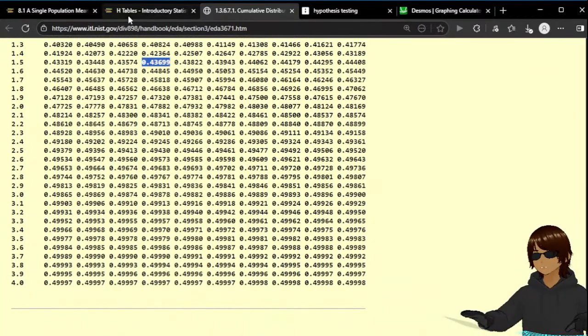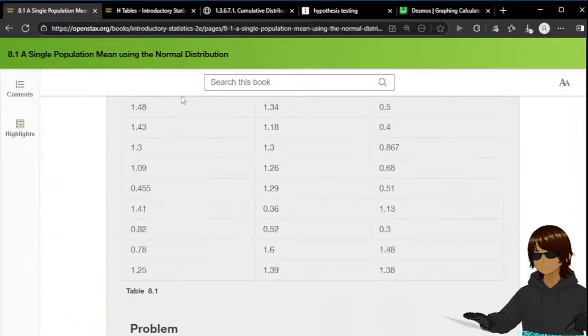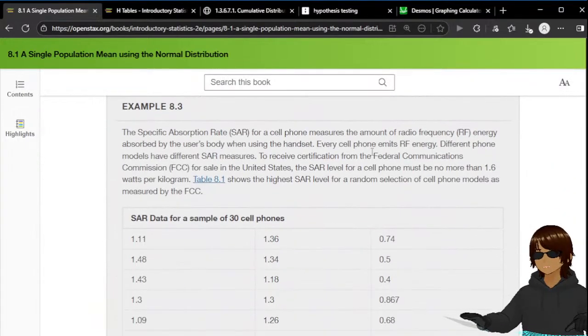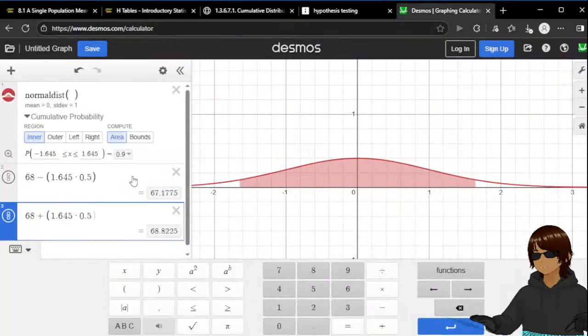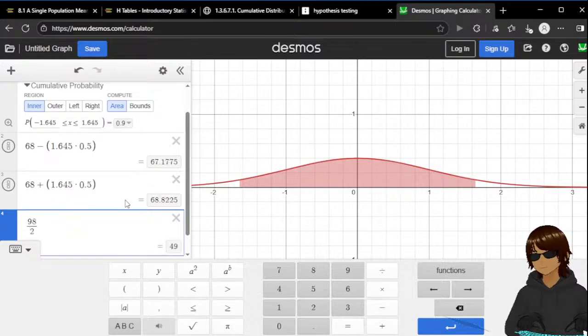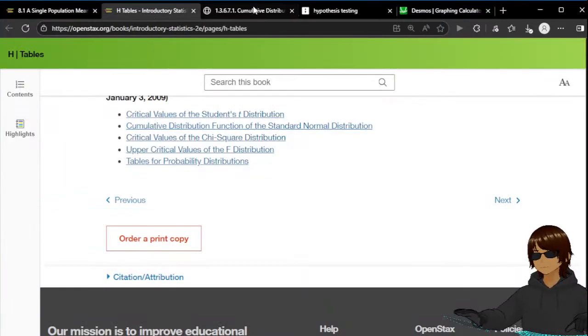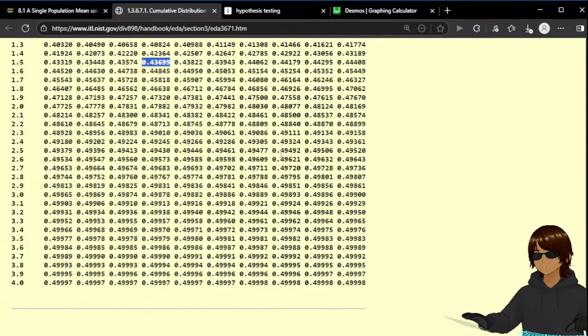All right. So they were asking for a 98% confidence interval. Half of 98 is what? 49. So I need to find exactly 49 over here, or the closest to it.